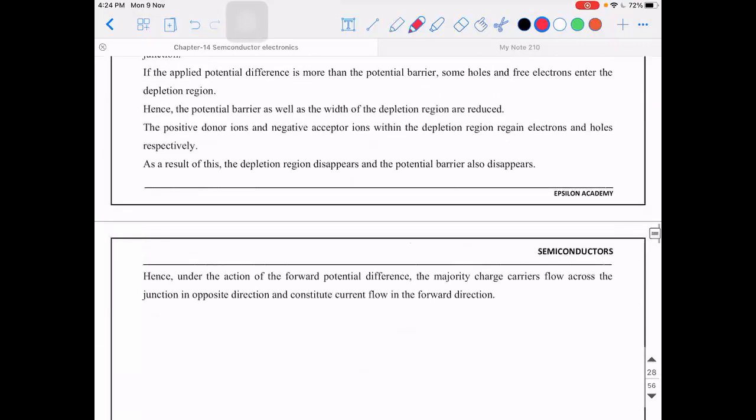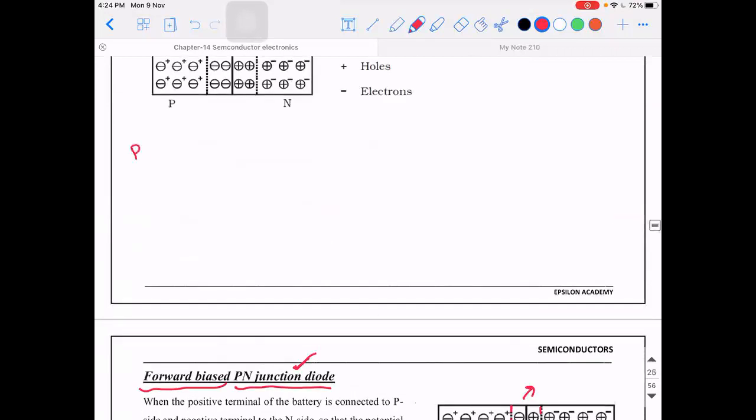Before I explain what is forward bias and reverse bias, I need to explain the meaning of biasing. Please make a note of it. Biasing in semiconductors: this is a term mainly used only in semiconductors. Whenever you see the word biasing in semiconductors, it means connecting any semiconductor device across a battery through a resistor.